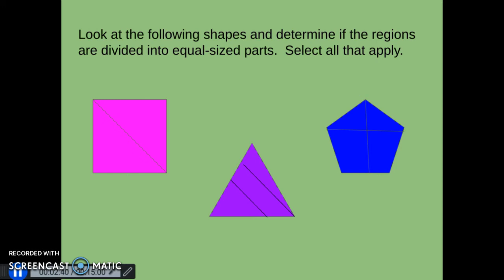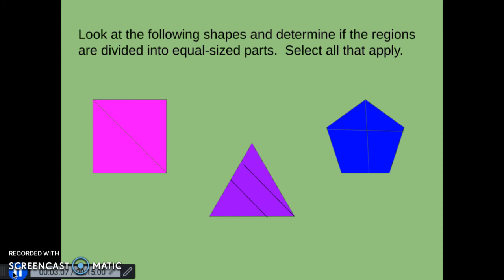So if you're looking at these particular shapes, we see that they are divided up, but are the parts equal? If I laid one upon the other, would it be equal? So let's look at the shapes that we see. We see a square, we see a triangle, we see a pentagon. So we're looking at these three shapes to determine if the parts are equal.